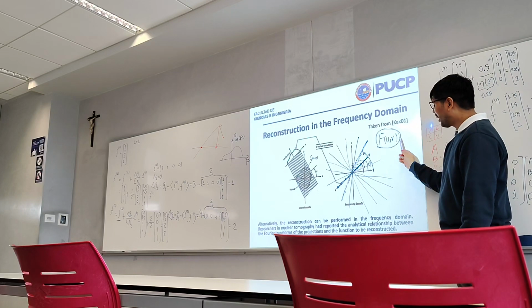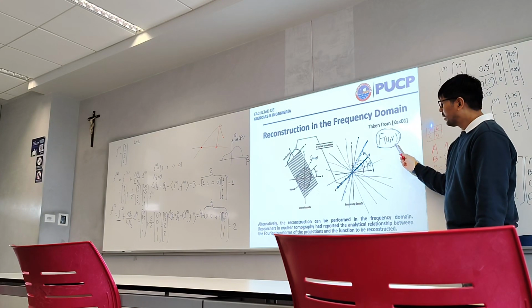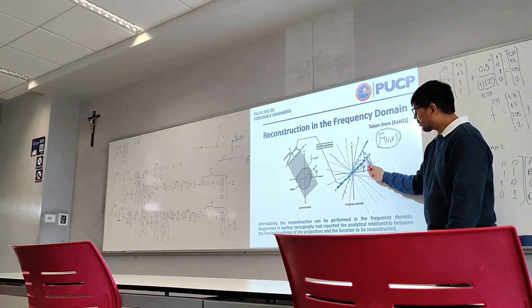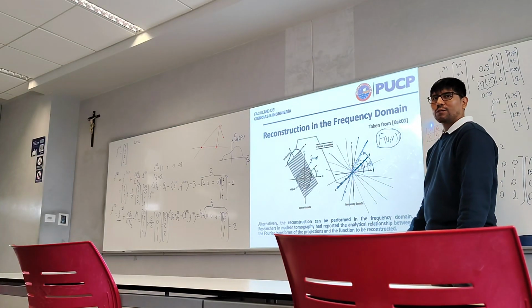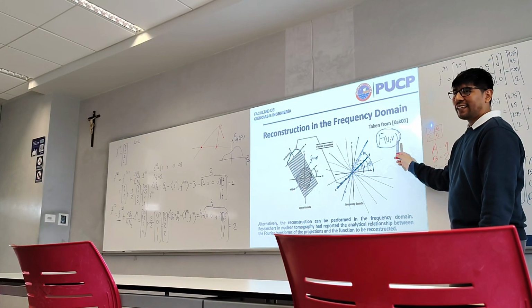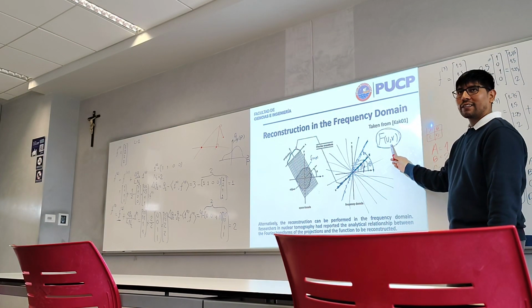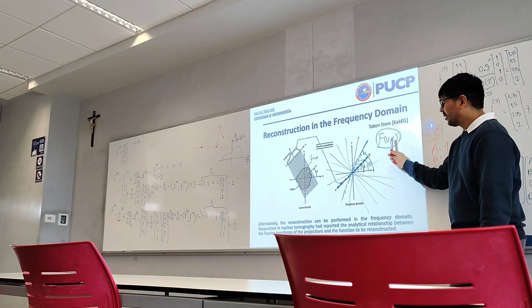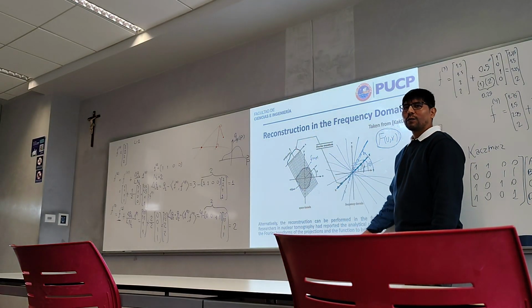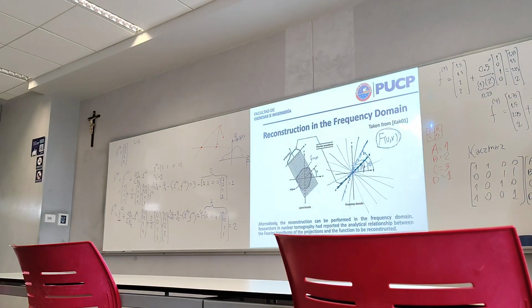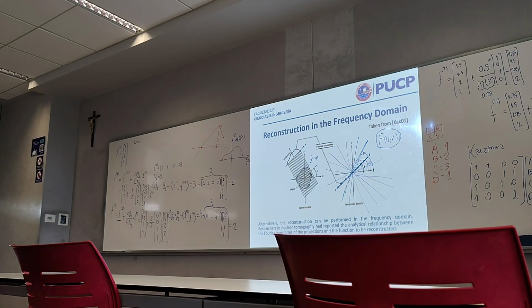We obtain an estimate of F(u,v). When we have the samples of F(u,v), what else can we do? Take the inverse Fourier transform in two dimensions of F(u,v) to obtain f(x,y). That's it.